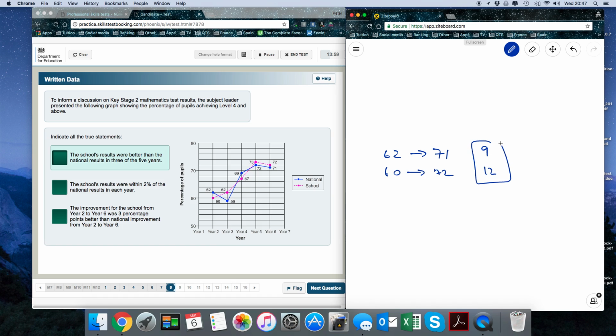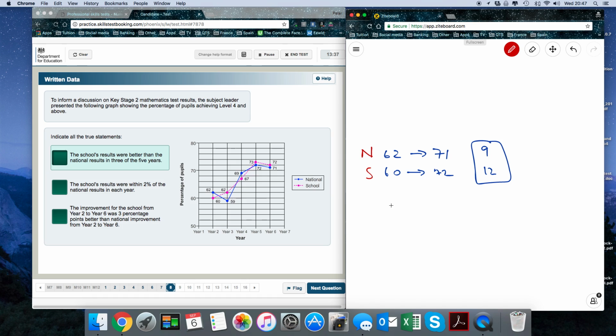So the difference between these is 3, which is exactly what it says in the statement, but you have to be careful. We need to say which one of these is which. The first one that I did was the blue one, which is national, and the second one was school. So it means school improved 3% more than national.